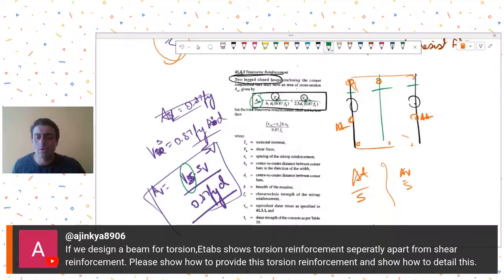Because this At is the cross sectional area of one leg only, your total transverse reinforcement requirement becomes something like this. So in the American code, it's a direct way of adding it up. In the Indian code, it's not so straightforward. You have to do something like this.